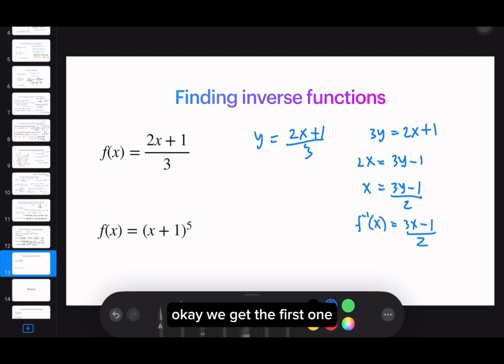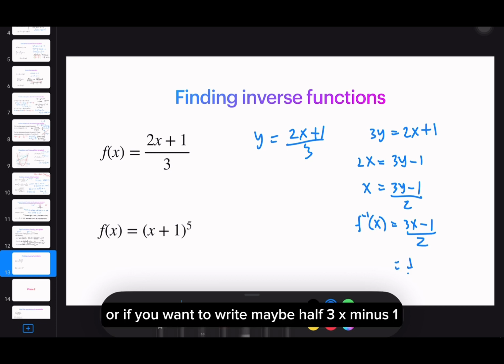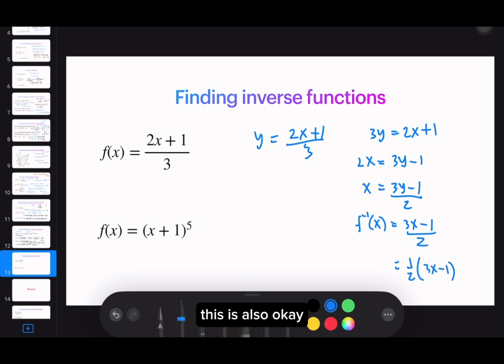Okay, we get the first one. Or if you want to write one half of 3x minus 1, this is also okay.